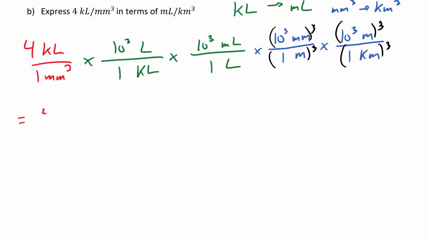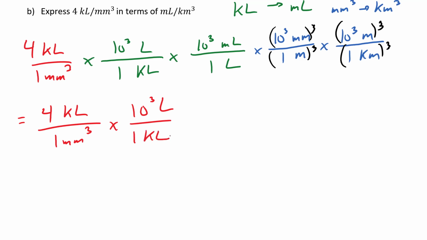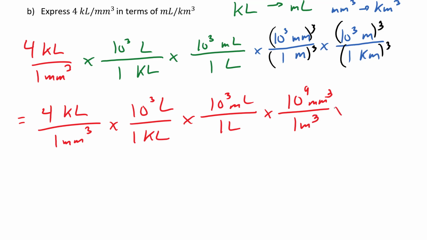Next line, 4 kiloliters per millimeter cubed, 10 to the 3 liters, 1 kiloliter. Three times 3 is 9. And again, 3 times 3 is 9. Cancel out our units.